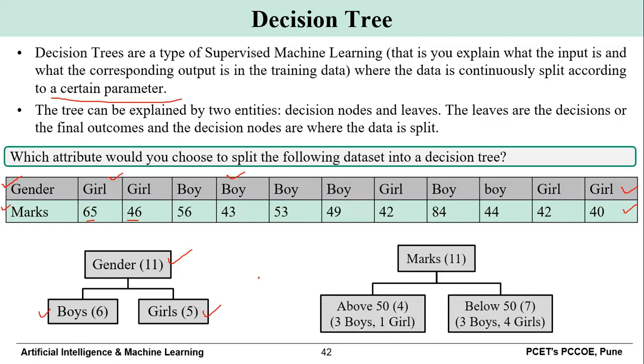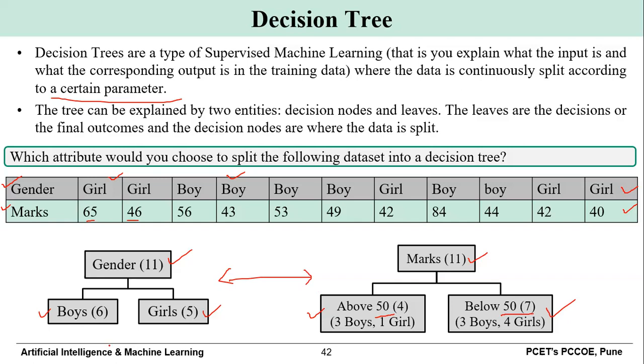But at the same time, we may have another approach, that is, we can prepare a decision tree for marks. So your node will be marks, and again we can construct a decision tree for the students who receive marks more than 50 and students who receive marks less than 50. So these are the two different approaches that we can use.